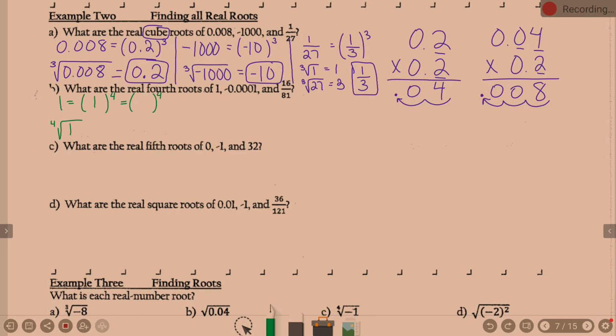Can you do the square root of 36? Yes. Square root of 36, that should be one you should do without the calculator, I would think. Square root of 36 is 6. Some of you know square root of 121 without a calculator. 11. So what is the square root of the fraction 36 over 121? Plus or minus 6 over 11.